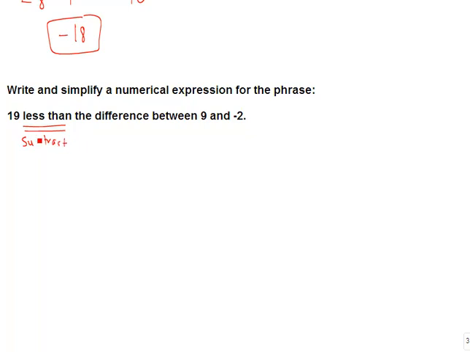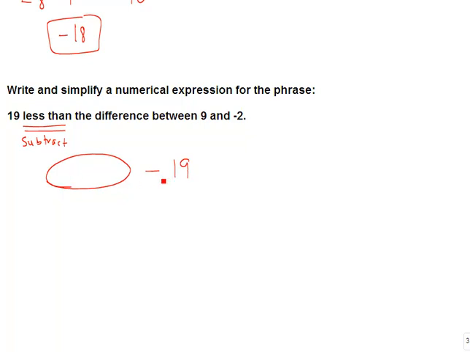And we have to be a little bit careful here, because when we subtract, we actually need to subtract in the opposite order of the way the problem was written in English, because I want to take 19 less than stuff. So if this is my stuff, I want to take 19 away from it.